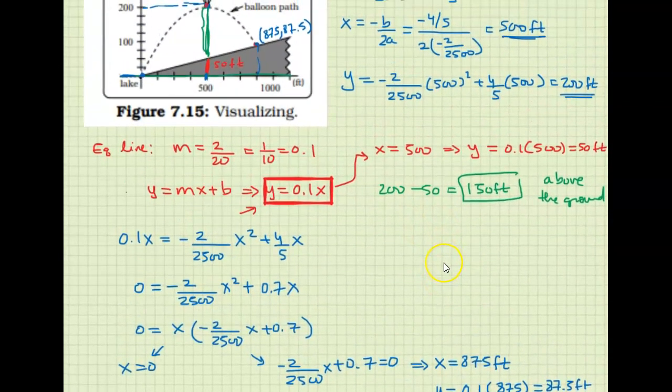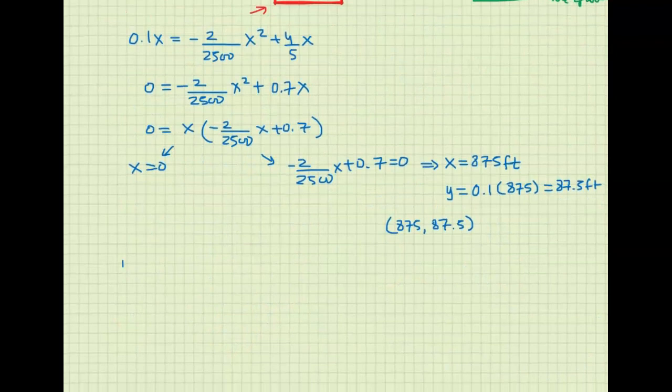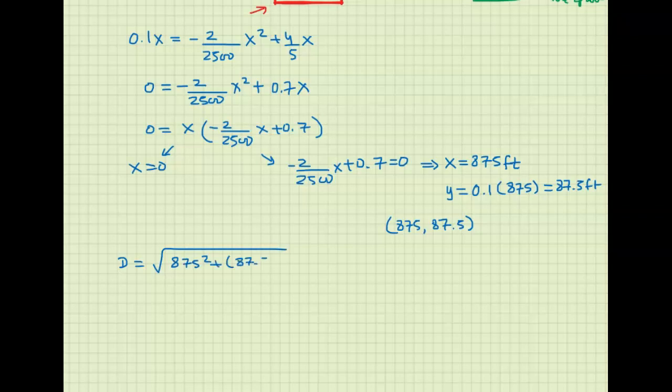We can also express this as a distance, if we can find this distance along the ground. If we use the distance formula, square root of 875 squared plus 87.5 squared. That's like if you're driving or walking and you want to meet the balloon, that's how far you walked.